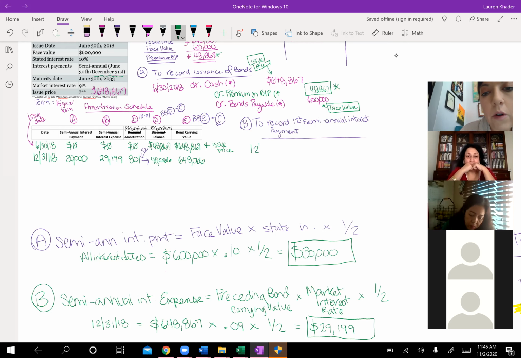On December 31st, 2018, we need to record that first semi-annual interest payment date. Write a debit, skip a space, and write a credit.